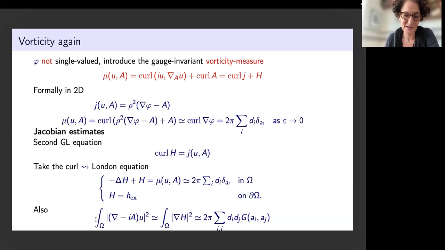And then you can see that this very important part of the energy becomes roughly equal to gradient h squared, which you can express in terms of the vortices through some sort of Green's function representation. So this is how you can guess that there's going to be this logarithmic repulsion in 2D, because the log in 2D is precisely the Green's kernel.